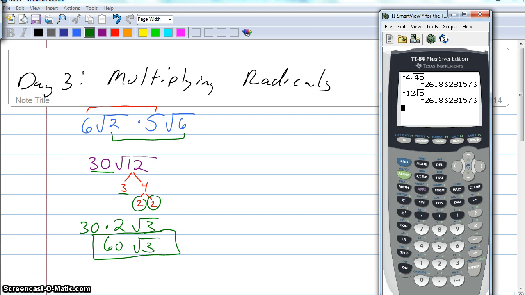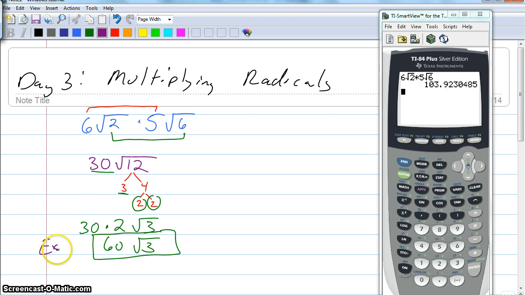Again, if you want to, check your answer. If we did 6 square root of 2 times 5 times the square root of 6, we get this grossness. But remember, this is approximate. This is the exact answer. Your calculator gives you an approximate.